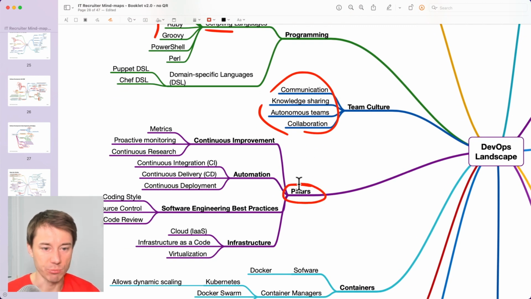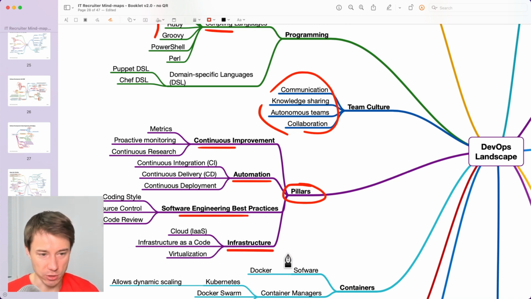So DevOps is based on these pillars, such as continuous improvement, automation, software engineering best practices, and infrastructure, ideally infrastructure as code. When it comes to continuous improvement, we are talking about proactive monitoring, and metrics that are tracked frequently and automatically.